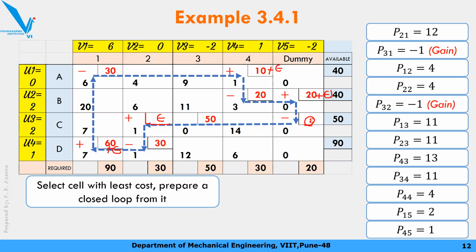Then subtract epsilon from the negative cells: 20 minus epsilon, 30 minus epsilon and 30 minus epsilon. But we know epsilon is a kind of zero, so you can neglect this.